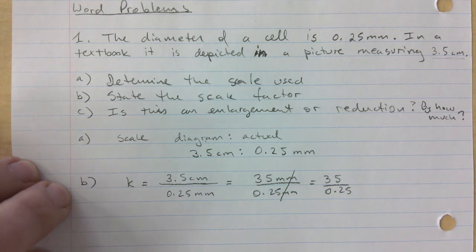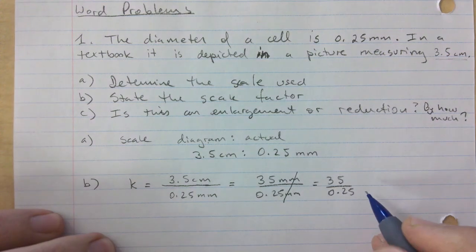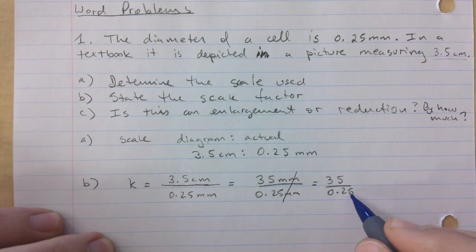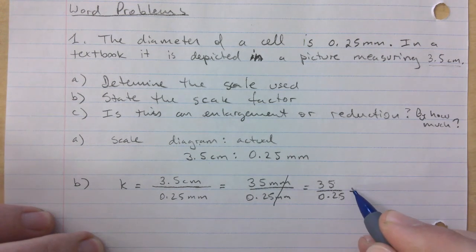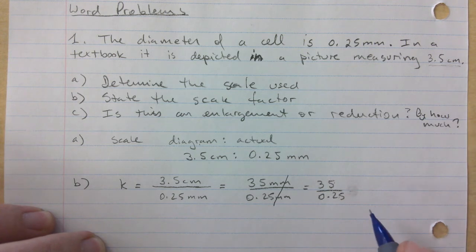And here is where, if I ask you to write a scale factor and I tell you I want it reduced, then your best bet is to divide both of these by the smallest value, okay? So it's almost like a unit rate.